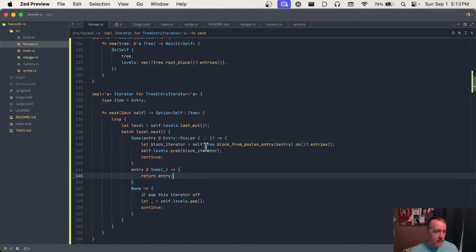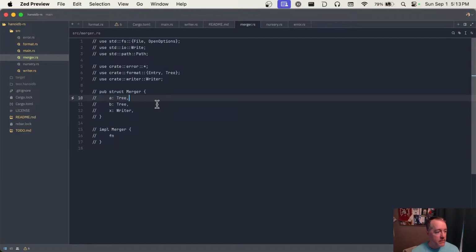Yeah. Okay, so going back to the merger, I think what we can do now, the merger is not going to have a tree. It's going to have a tree entry iterator.